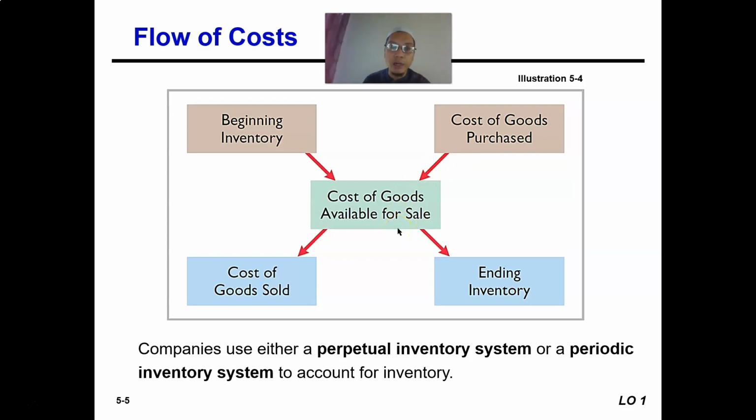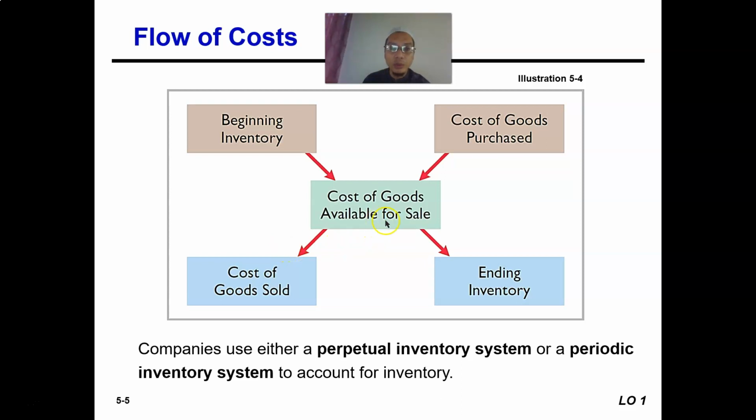Those are the items that are available for sale, and we look at the cost. From those goods available for sale, some of them are sold, but some are not sold. We are interested in the cost of goods that have been sold, because we want to match the costs of items being sold with the selling amount.